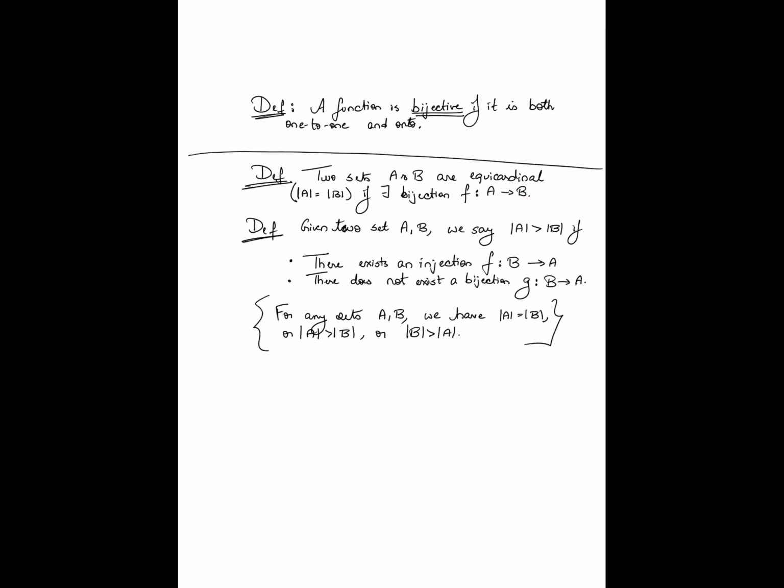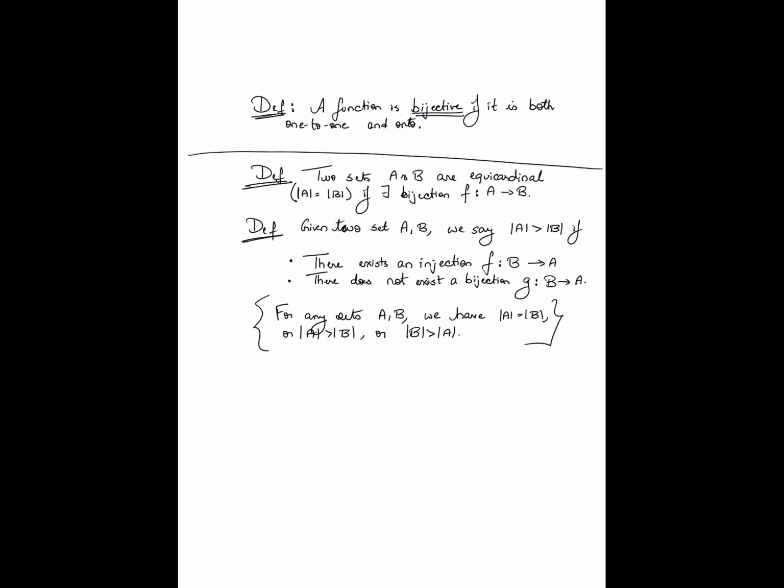Okay, so this is actually a non-trivial result. It requires the axiom of choice to establish this. So this is not something that I want to get into in the context of this course, but this is just to point out to you that this definition of cardinality comparison is in some sense consistent and complete, in that it gives you a clean way of ordering the cardinalities of any two sets.